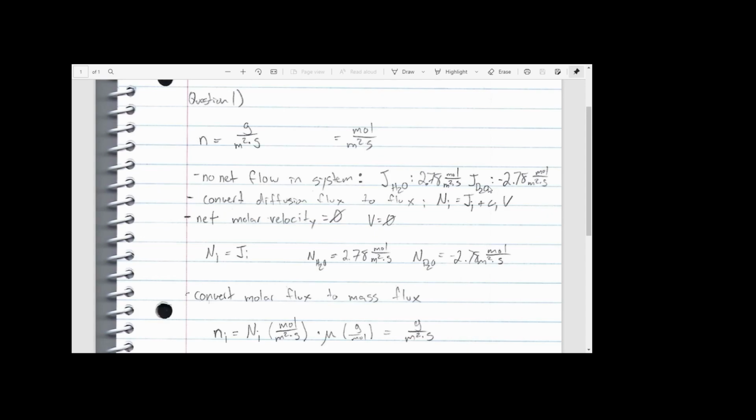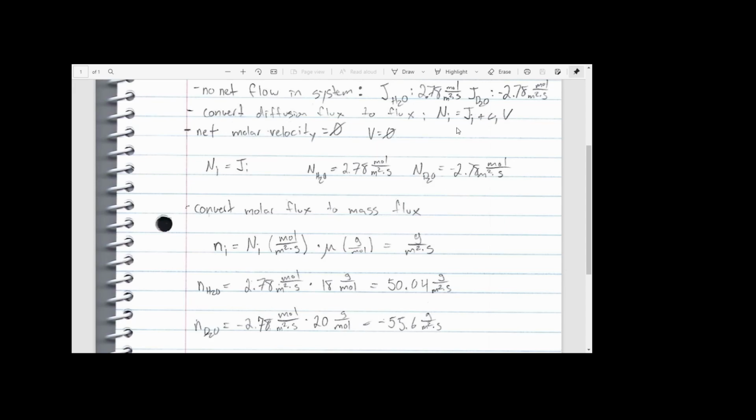The diffusive flux for deuterium is negative because deuterium is moving from the right to the left and water is moving from the left to the right. We now need to convert the diffusion flux to normal flux. This is the relationship between flux and diffusion flux for component i: the molar flux of i is equal to the molar diffusion flux of i plus the concentration multiplied by the molar velocity.